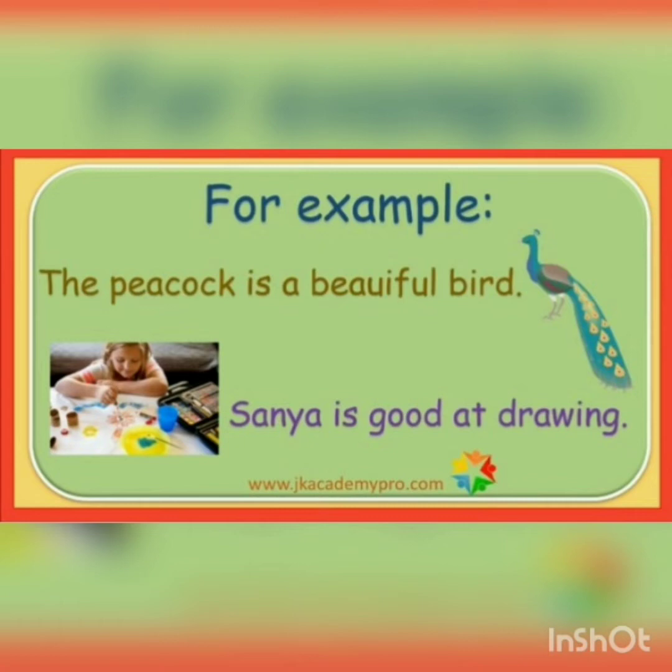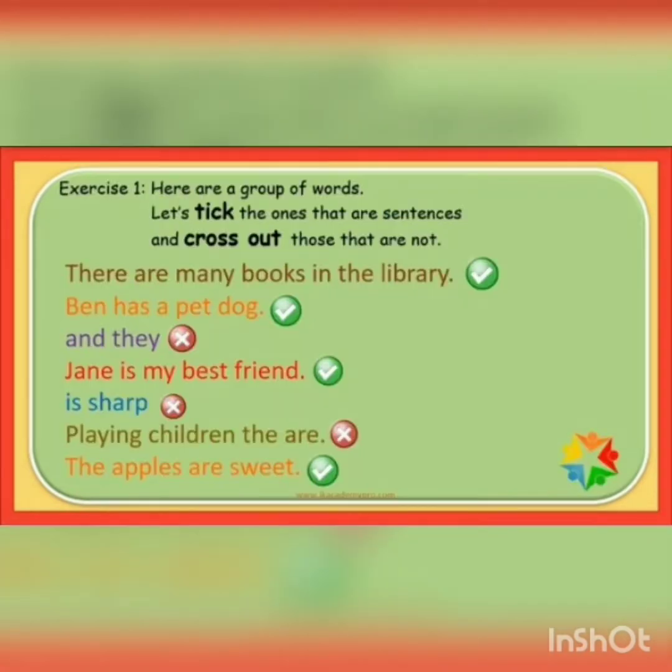Then, let us see some more exercises. Here, I have given you some sentences. For some sentences I have given a tick and for some sentences I have crossed out. Let us see now. There are many books in the library. Ben has a pet dog. Jane is my best friend. The apples are sweet. In these sentences, I have given a tick.